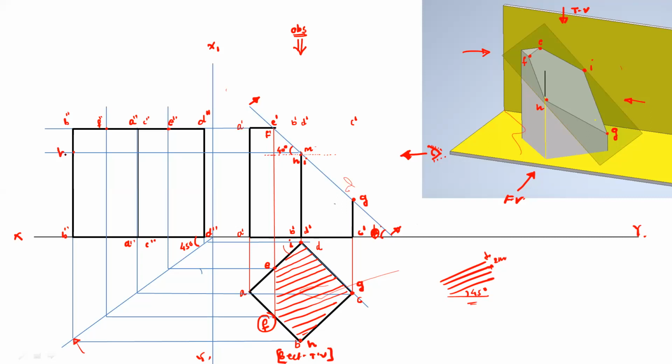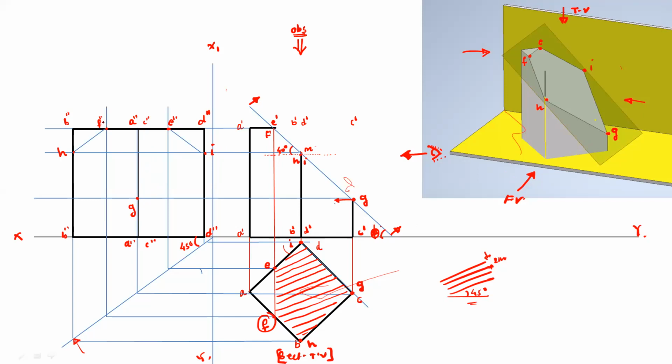So this will be point H and this is the point I. And the next point is the point G. It is on the vertical edge CC. Take the projection from this point, which is on C dash. So this is point G.